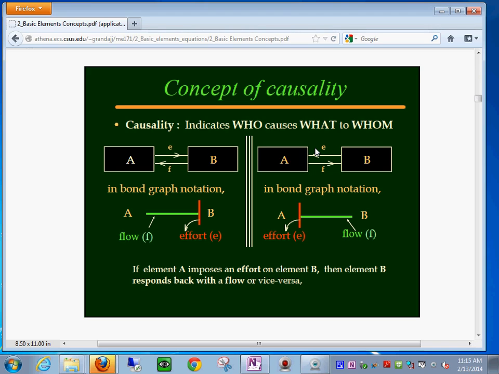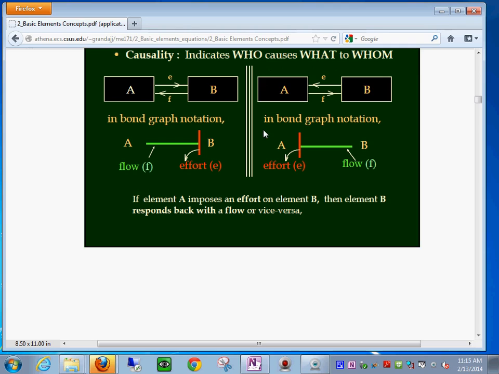The picture on the left hand side indicates that effort is coming out of A and flow goes into A. That's how you read this. The symbol that you see like that means this is the output and this is the input. On the other side, it is different.